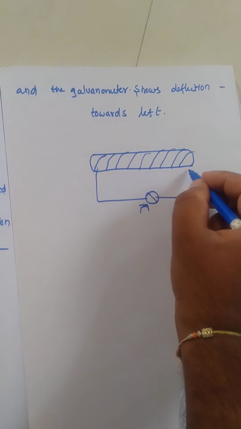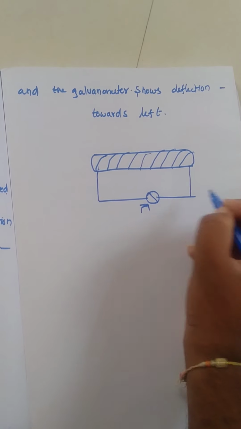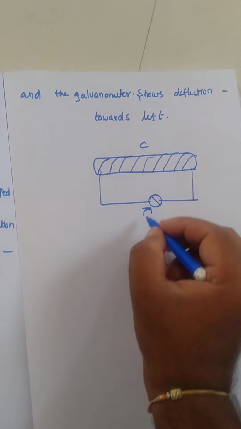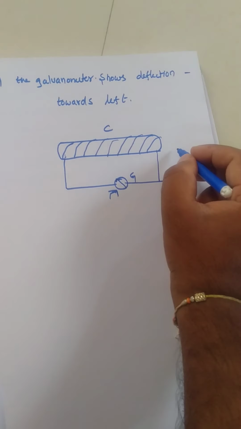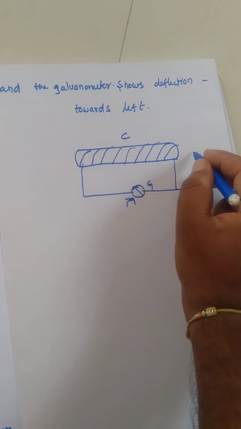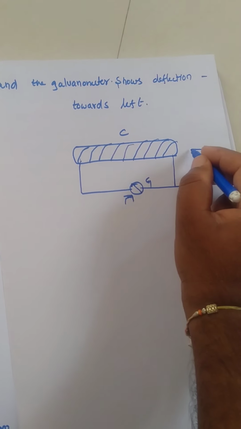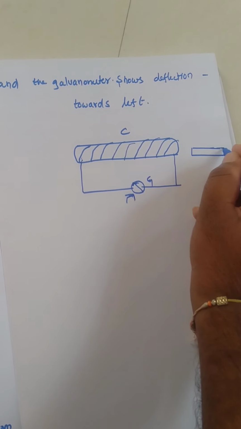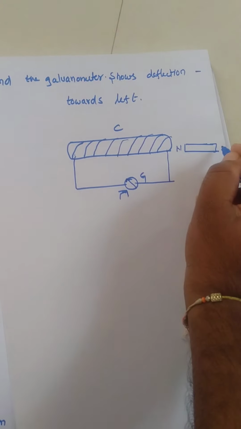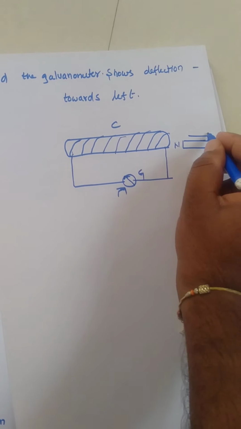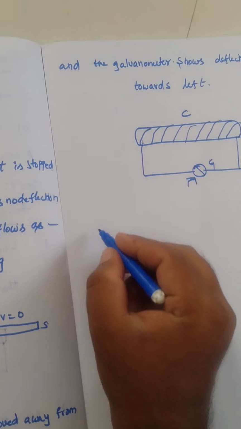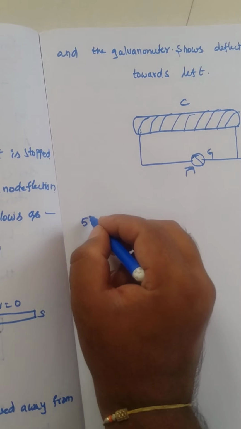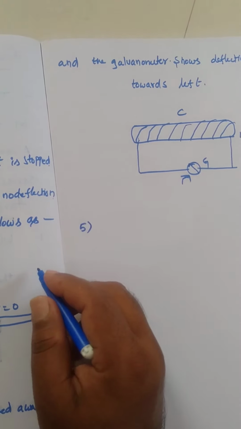So it is a coil connected to a galvanometer, and now the magnet is moving away from the coil, in this direction. Right? Yes.